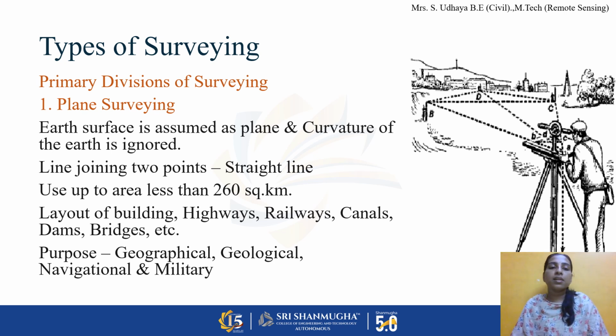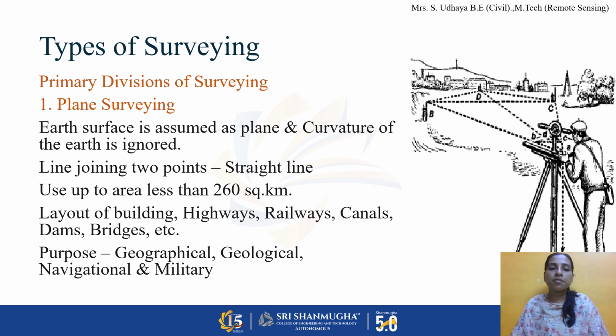This plane surveying is adopted only when the area to be surveyed is less than 260 square kilometers. If the area to be surveyed is more than 260 square kilometers, then geodetic surveying is applicable.